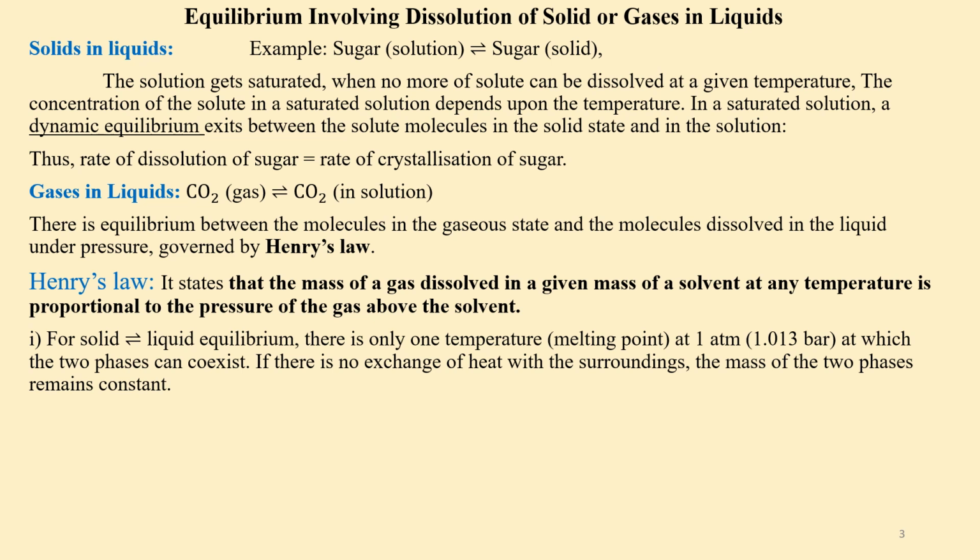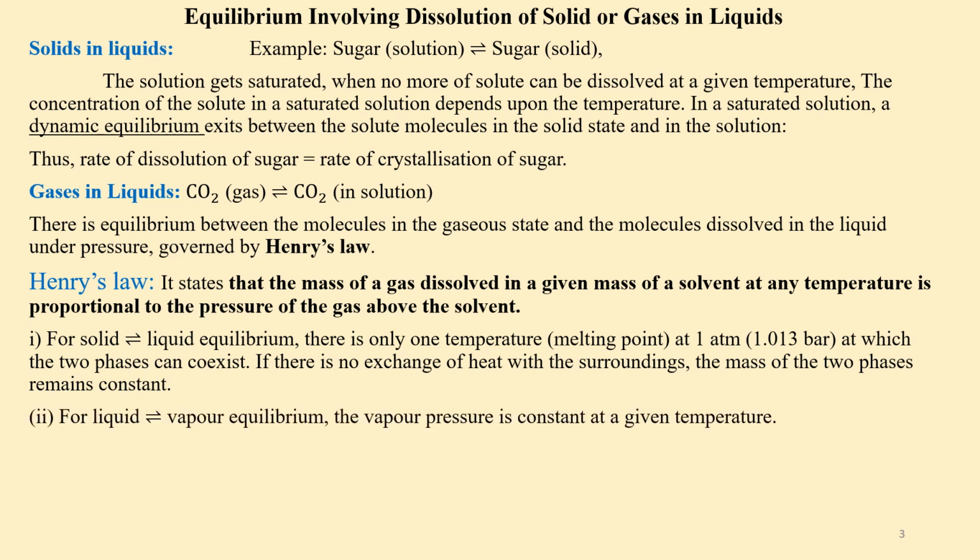Now we can generalize that for solid to liquid and liquid to solid equilibrium, there is only one temperature, the melting point at 1 atmosphere, that is 1.013 bar, at which the two phases can coexist. If there is no exchange of heat with the surroundings, the mass of the two phases remains constant.